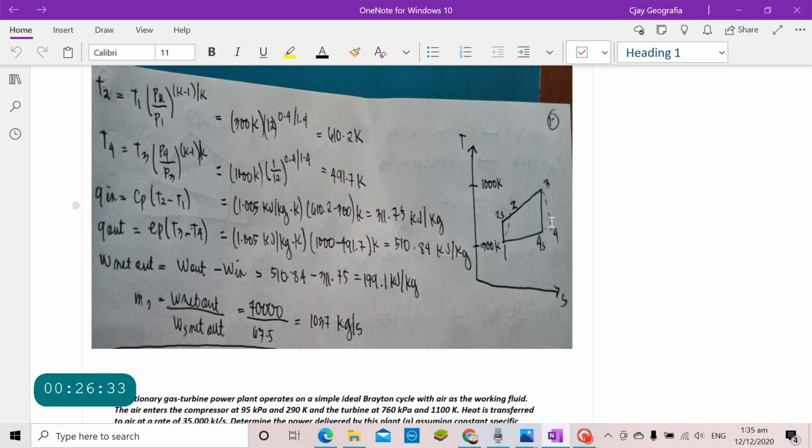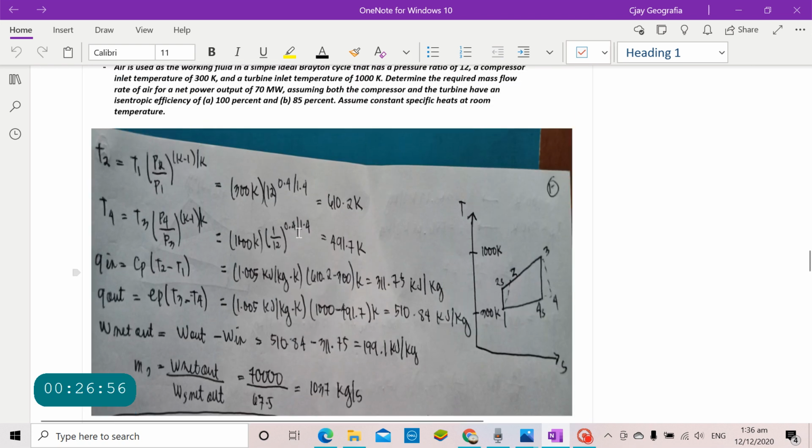Now, Q in is equal to Cp times T2 minus T1. So you will put the values inside, the values of Cp. Also, Cp is a constant.